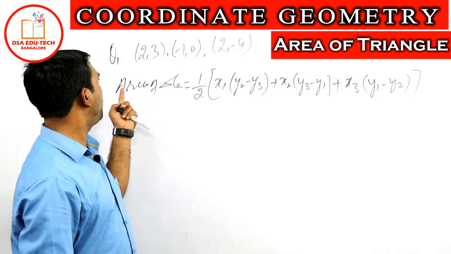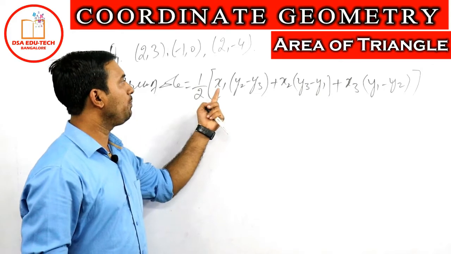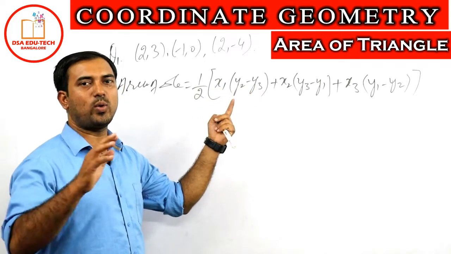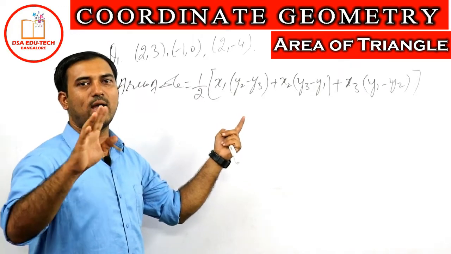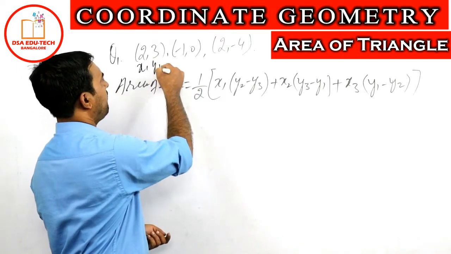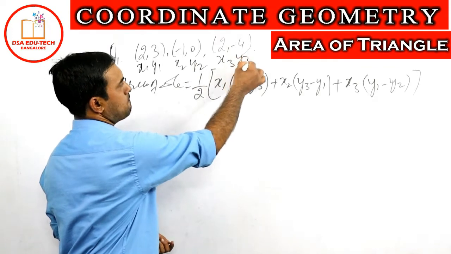So we know the formula, area of triangle is equal to 1 by 2 [x1 into (y2 minus y3) plus x2 into (y3 minus y1) plus x3 into (y1 minus y2)]. So we know what x1, y1, x2, y2, x3, y3 are.